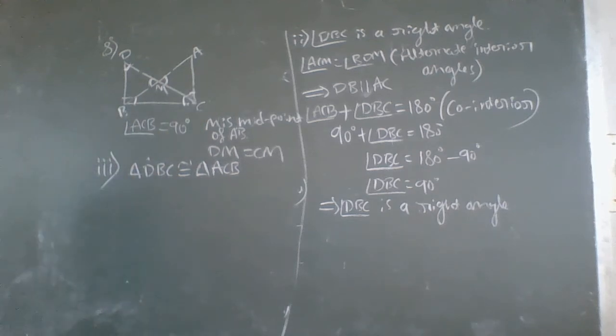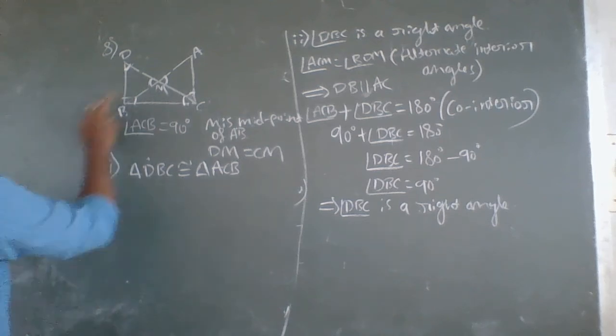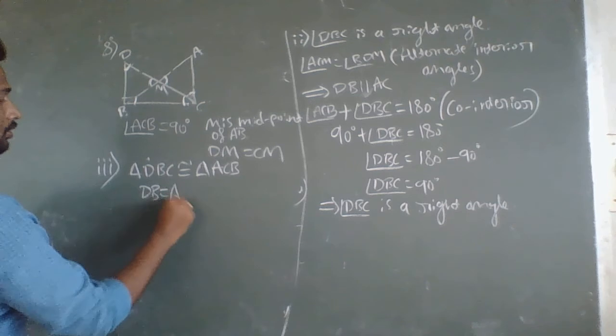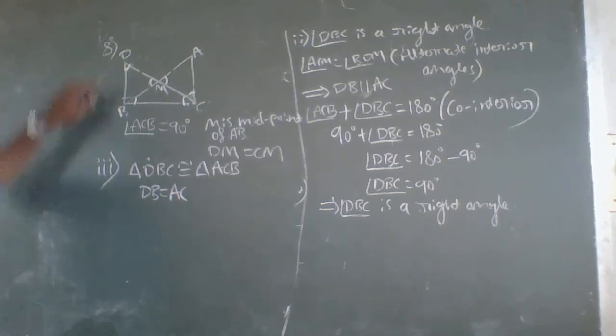So to prove this, first I will write DB is equal to AC. This DB is equal to AC. We will prove this in the first problem only.